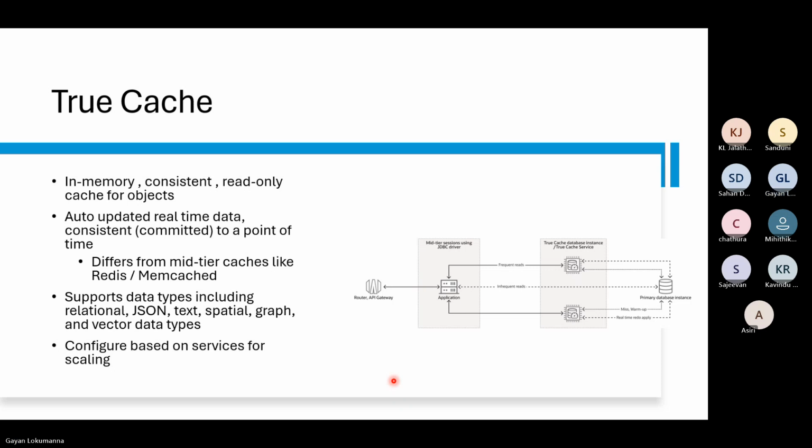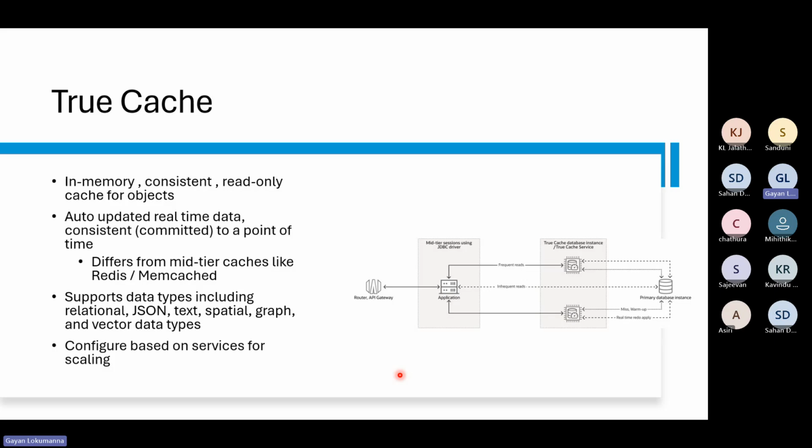Similarly, we also have what we call a true cache. Now, when I say true cache, it is not fake cache, it is true cache. The meaning of true cache is that the data at real time will be available in an external, or let's say a separate cache instance.